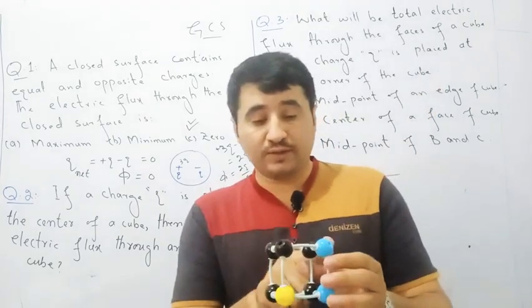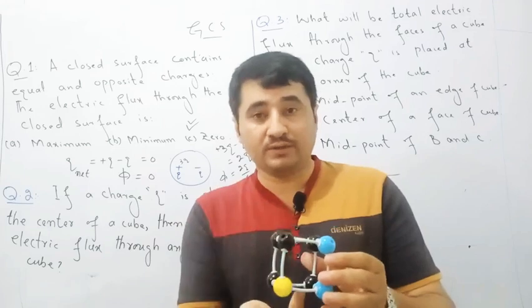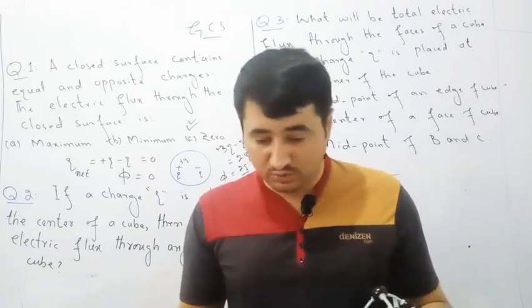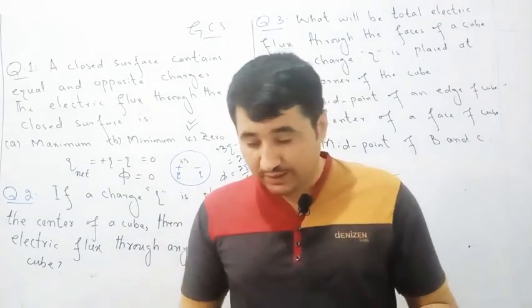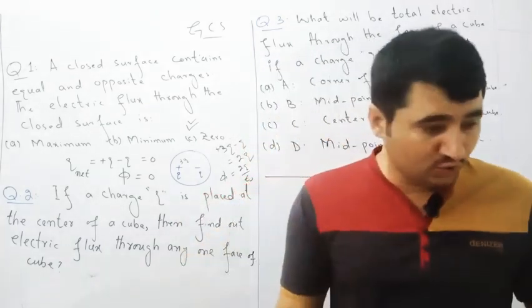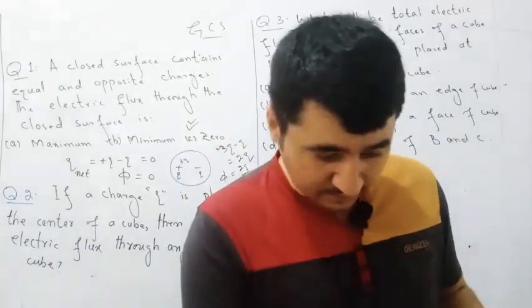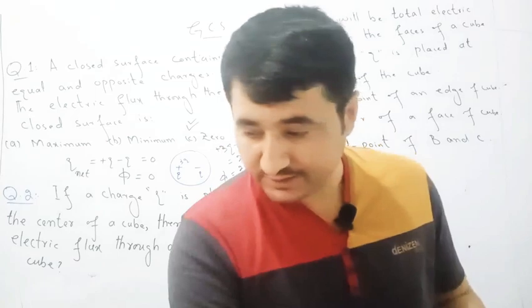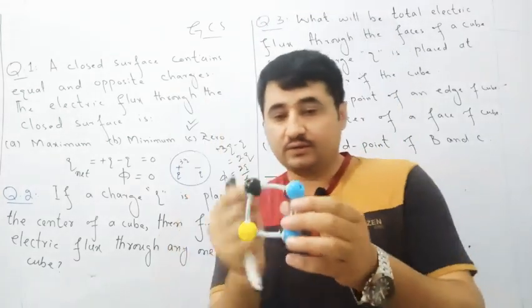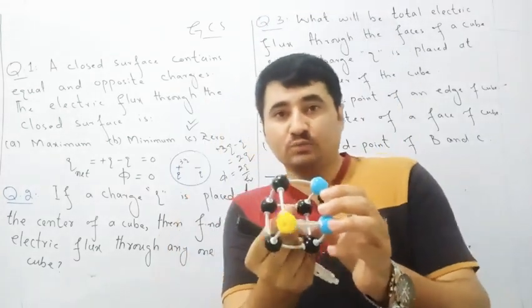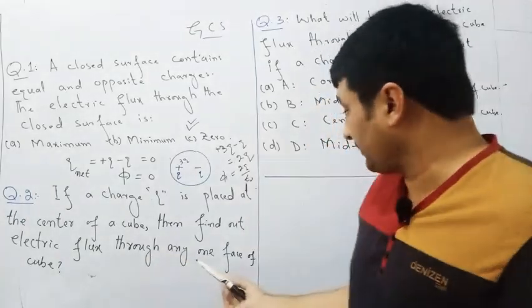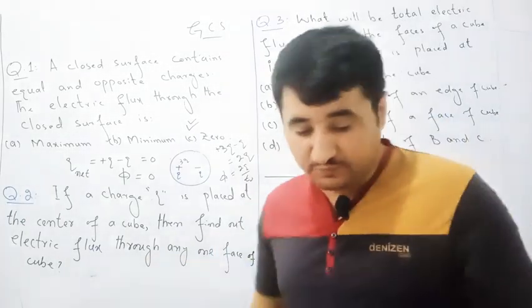So this is one face, 2, 3, 4, 5, 6. So you have a charge inside the cube, and that is at the center of the cube. It is at the center of the cube. So what would be the flux through one face of the cube?